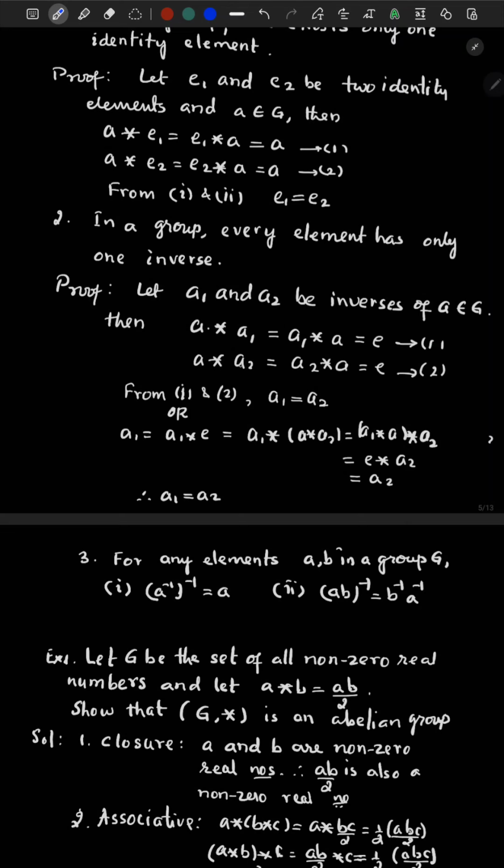Then if A2 is another inverse, A star A2 will be equal to A2 star A, which is equal to the identity element. So both give you the identity element. It means A1 must be equal to A2. Hence there will be only one inverse element for every element belonging to G.